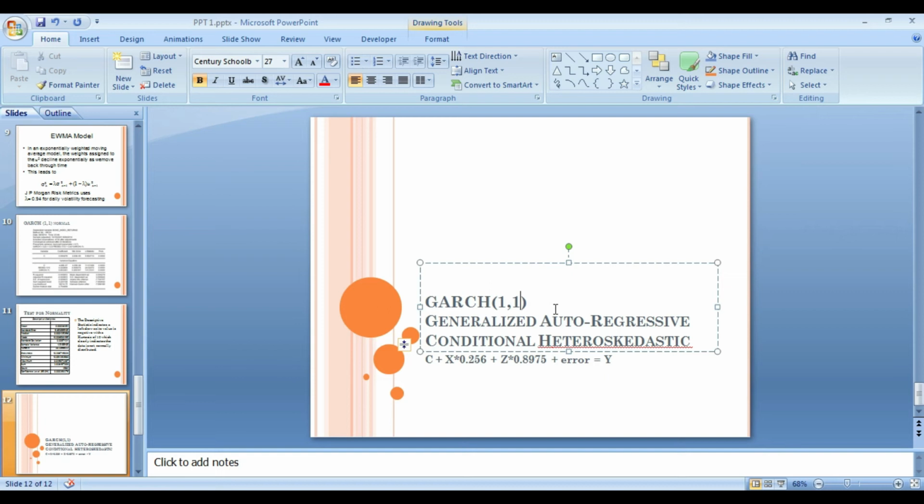So when it is GARCH 1,1, we are integrating our autoregressive series with its previous occurrence, or one notch above occurrence of the figure.